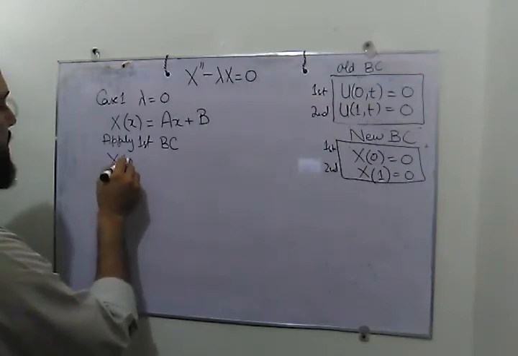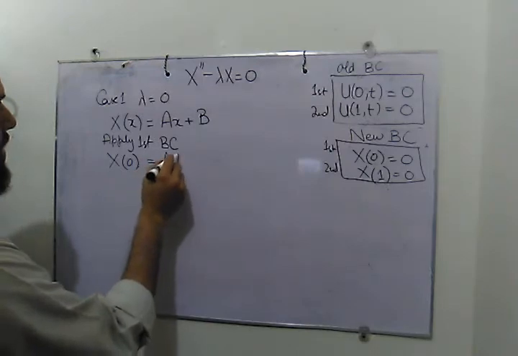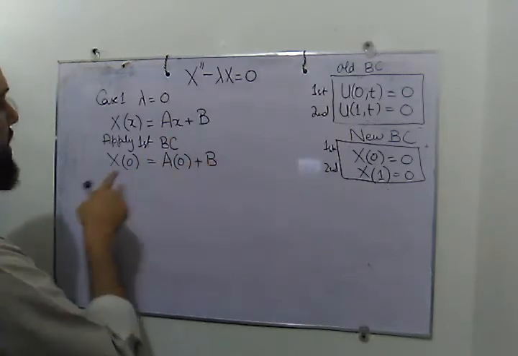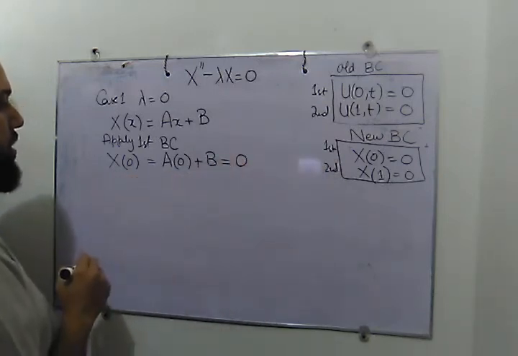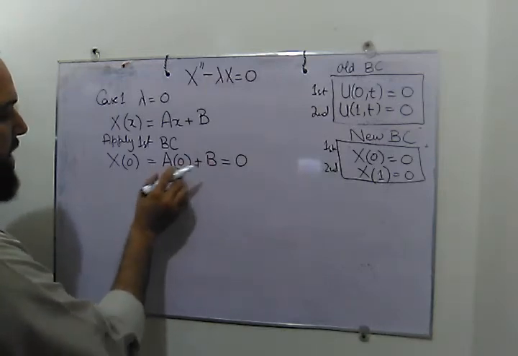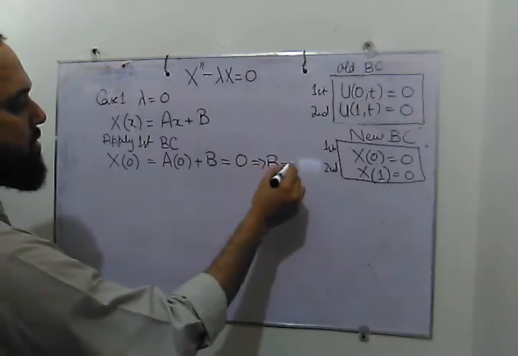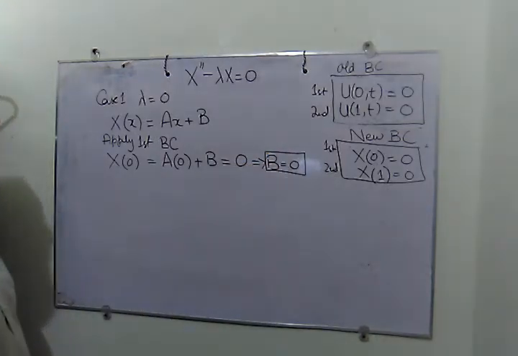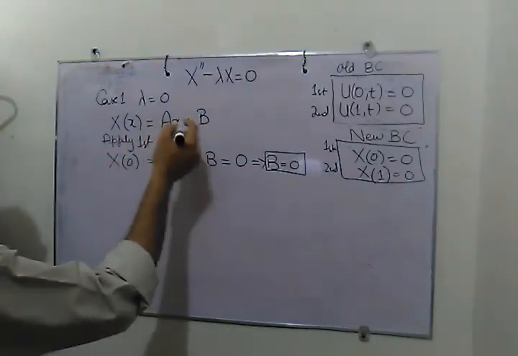So the new boundary condition is X(0), because we are putting x is equal to 0. So a into 0, in place of x we put 0, plus b. And this X(0) is equal to 0. From here we see that as this term goes to 0, b is equal to 0. Now we apply the second boundary condition in the general solution.